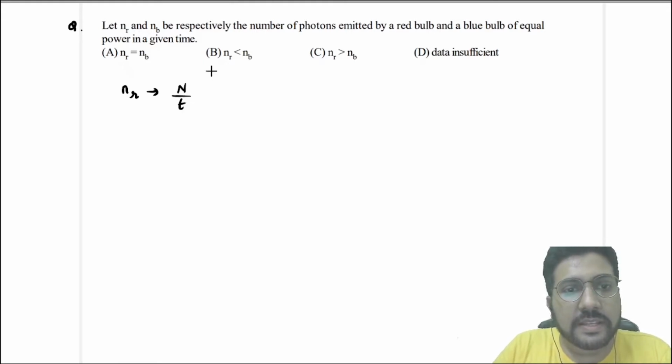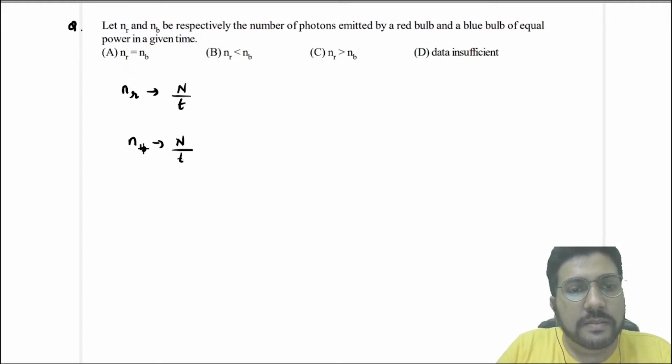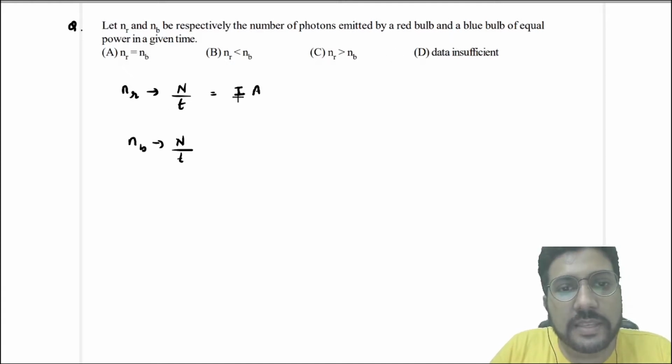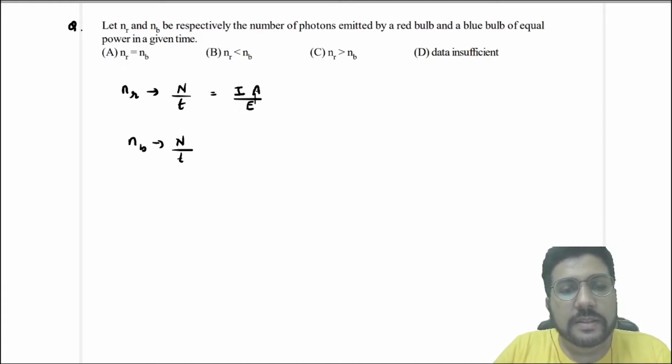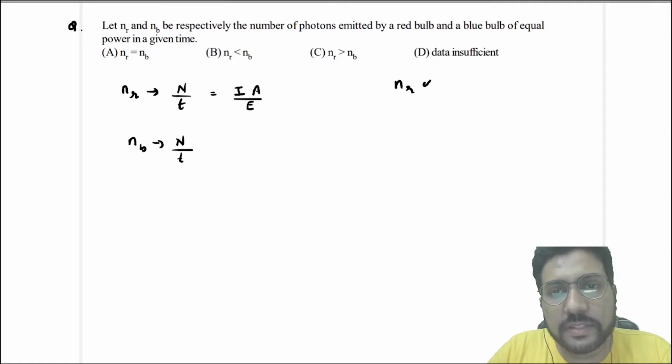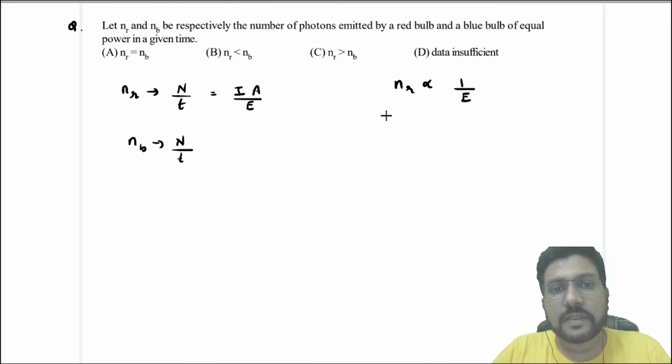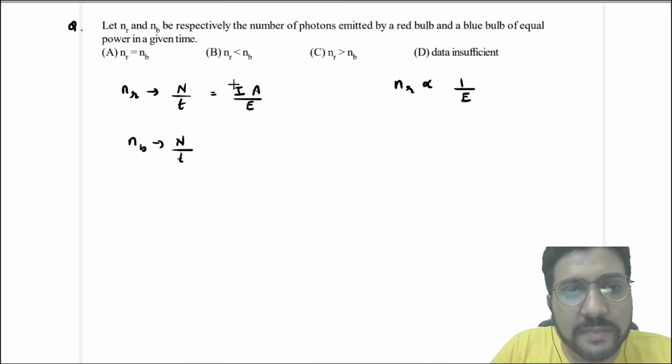N by T of the red bulb is Nr and N by T of the blue bulb is Nb. Now, this is equal to IA by E, and E is hc by lambda, so Nr is inversely proportional to E, because power is the same, so I multiplied by A is the same.